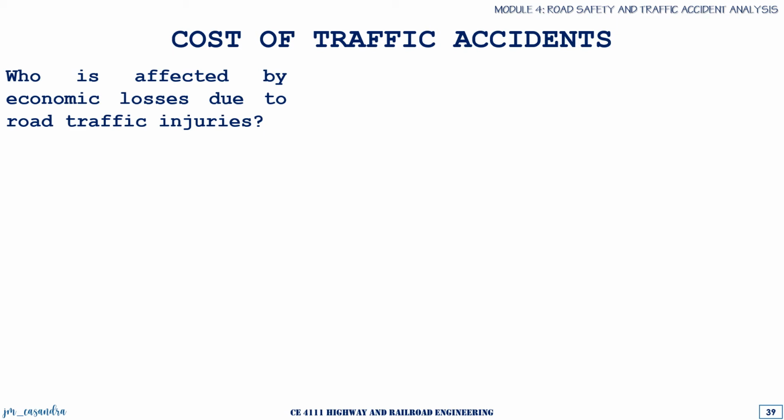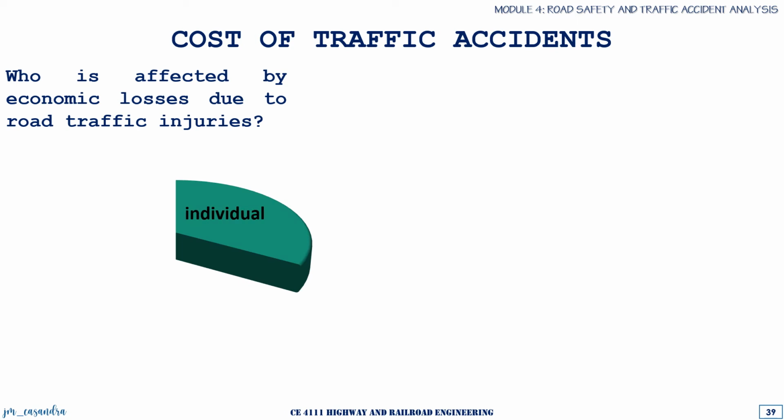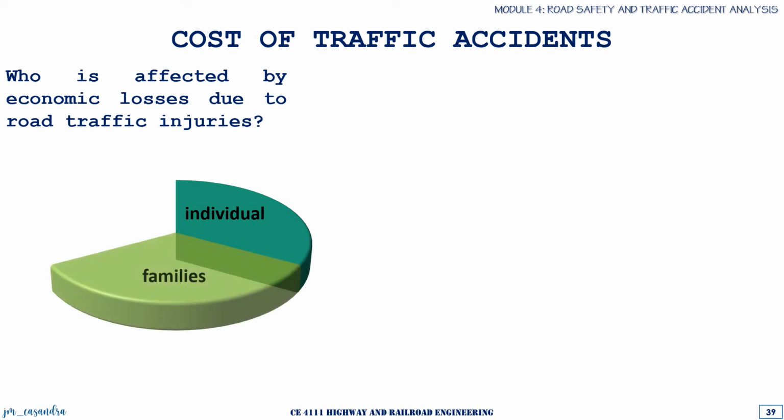So when there is an accident, aside from having injuries or fatalities, there are also economic losses due to our accidents. And who are affected by these economic losses? That would be the individual involved in the accident, the families of those involved in the road accident, and also the country or the nation at which the accident occurred.